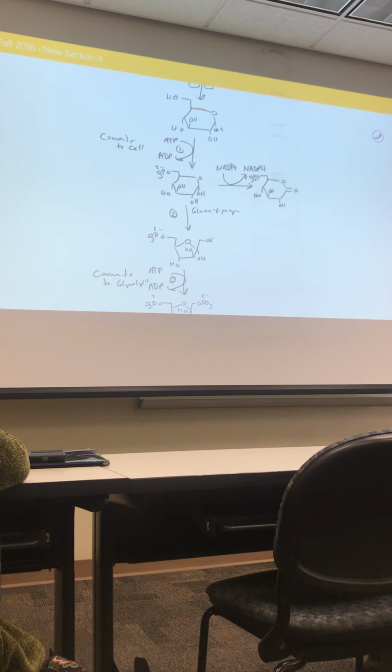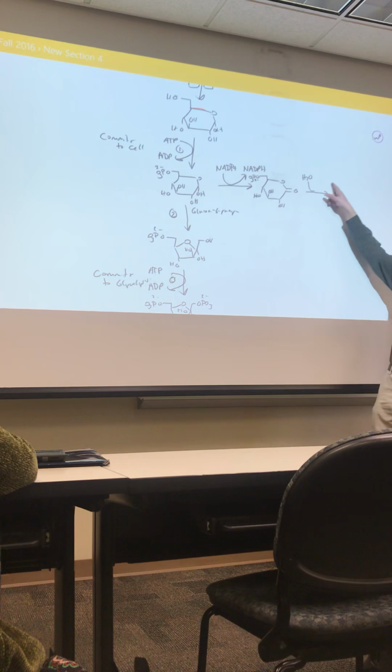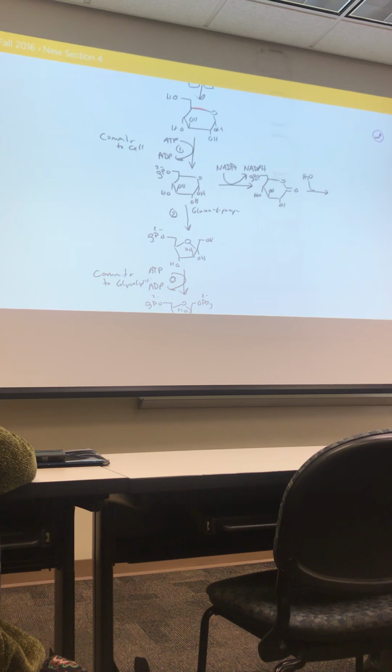And that's the first part. The second part is to open it up to make the carboxylic acid form of glucose. So we're just going to bring in some water, which would attack the carbonyl on the enzyme. It would pop that thing open, and then we would get our gluconate. Gluconate 6-phosphate.